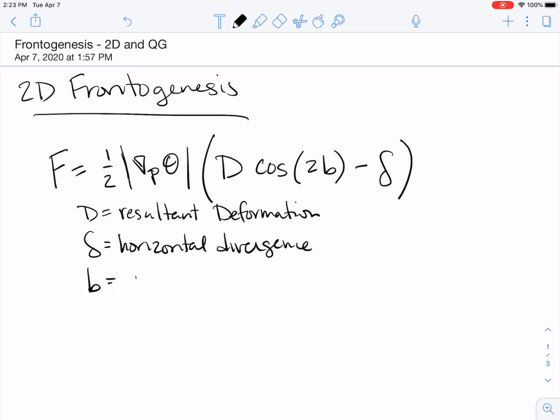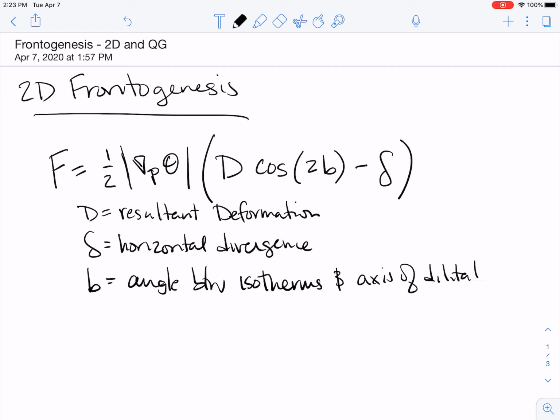And B here is the angle between our isotherms and our rotated axis, the axis of dilatation. And so what we're really seeing here are the effects of both deformation and confluence/diffluence on our ability to create a front.